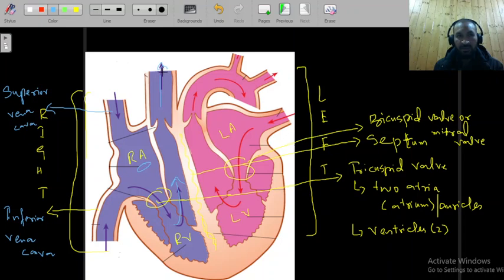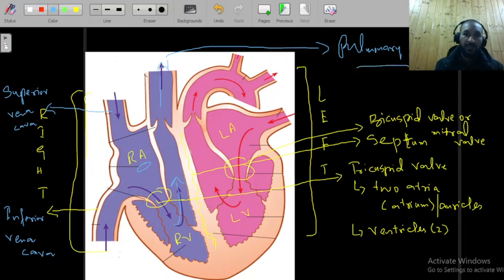It is pumped into this artery and carried to the lungs, which are close by, because both lungs and the heart are present in the same cavity. The heart is present between the two lungs. So the blood is carried to the lungs for oxygenation through these arteries, and this is what we call the pulmonary artery.